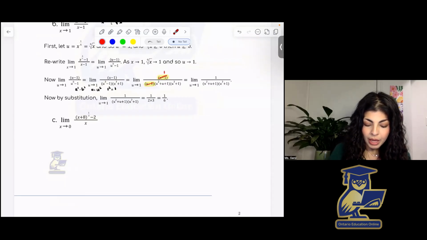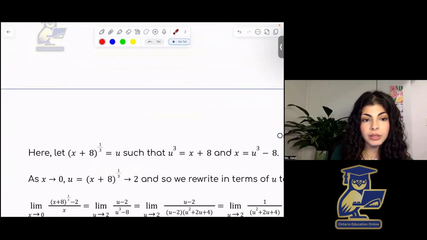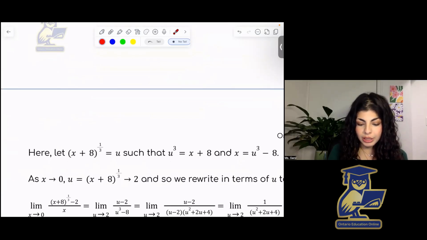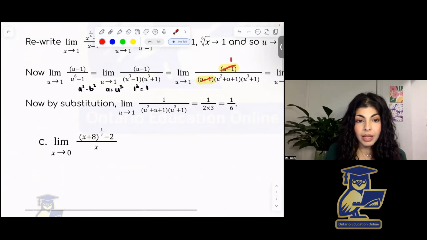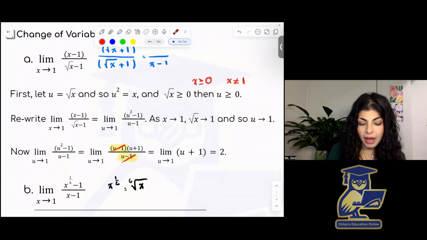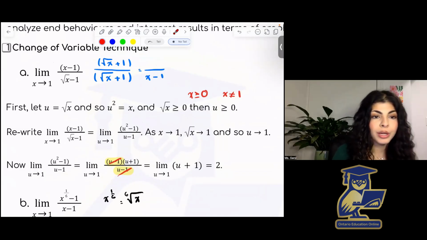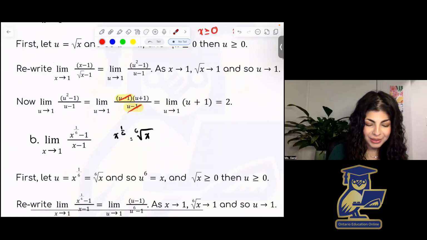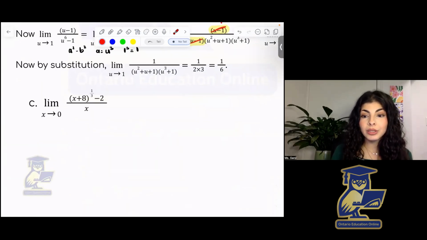So here, we're now going to let that cube root be equal to u. And this one is different than the ones we've seen so far, because here the cube root itself has two terms.